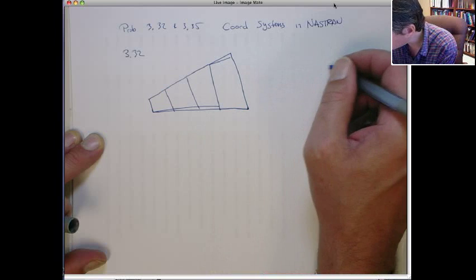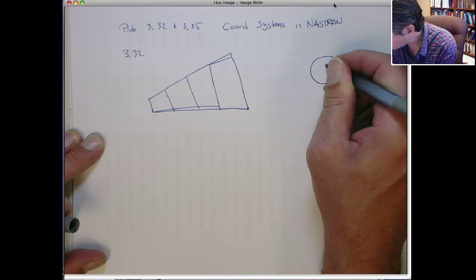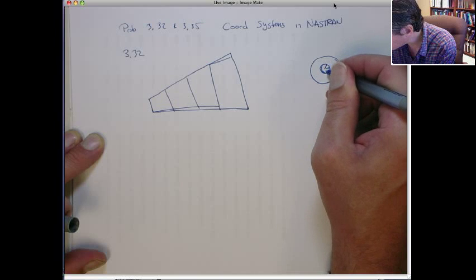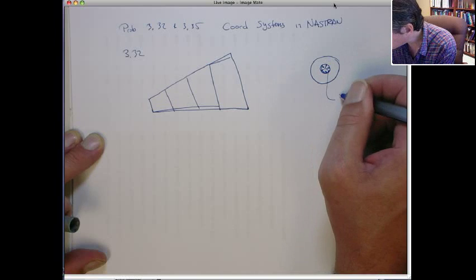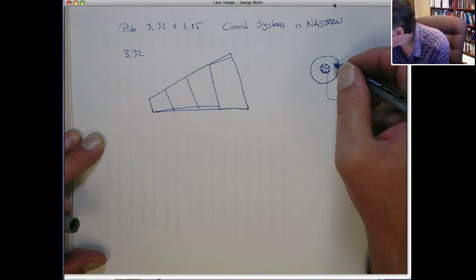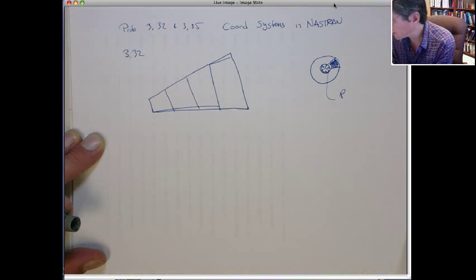So this is supposed to be modeling something like the following. So here we have a pressure vessel with an internal pressure P. So this section here is what's being modeled. All right?